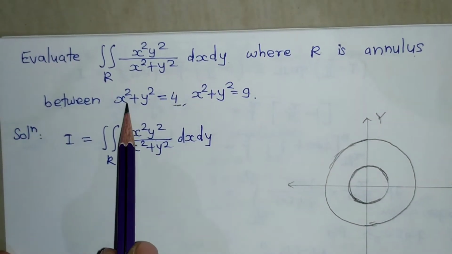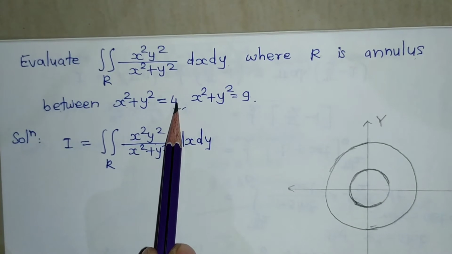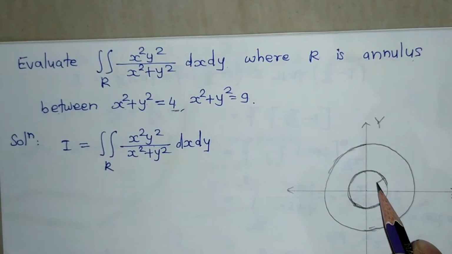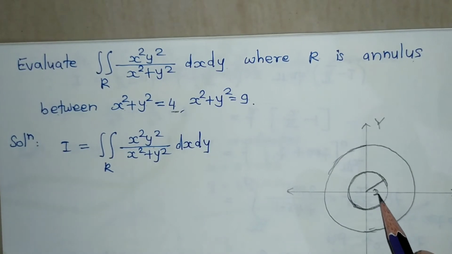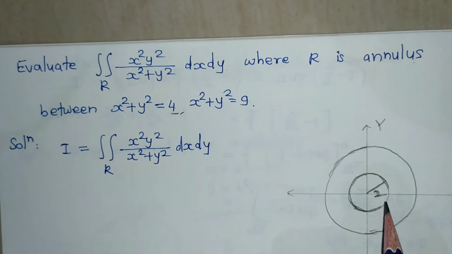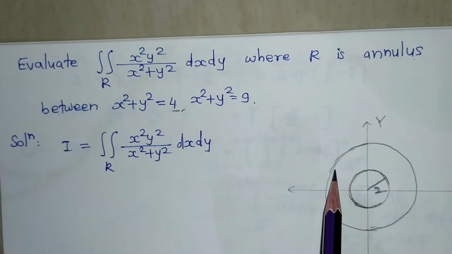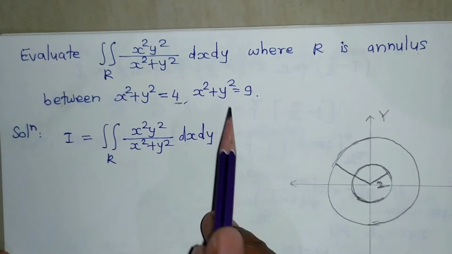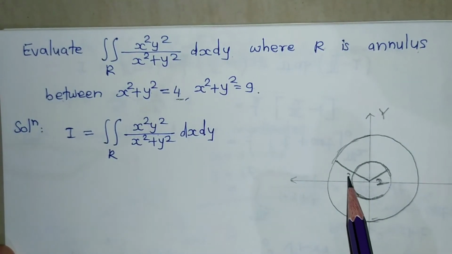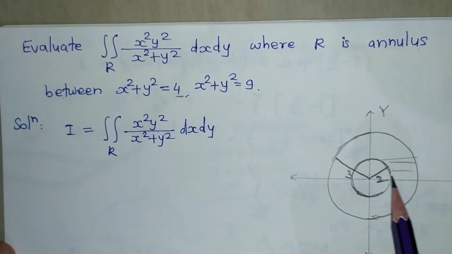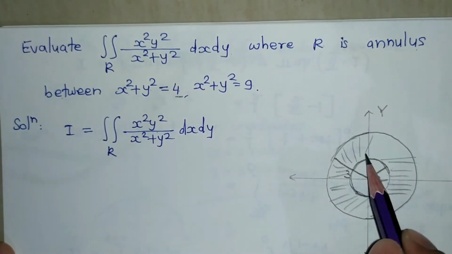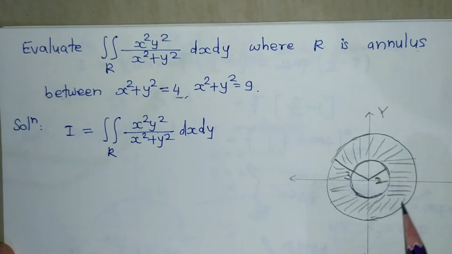Now x squared plus y squared equal to 4, that is r squared equal to 4, so this is the inner circle whose radius is 2, that is r equal to 2. And the second one is the circle whose radius is 3, as x squared plus y squared is equal to 9. So this is the region of integration.